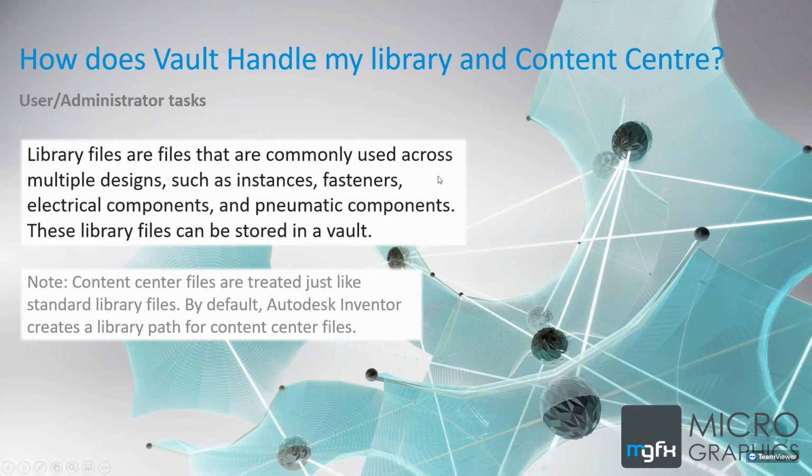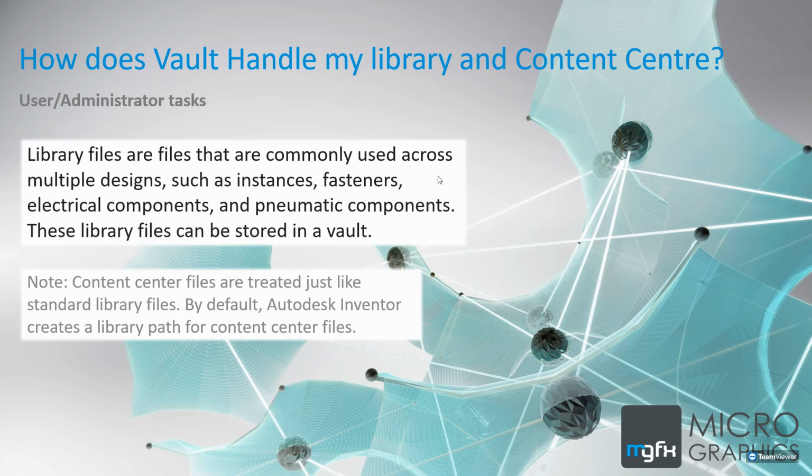Right? We want to define how Vault handles my library and contents of the file. So just a definition, what are library files? They are files that are commonly used across multiple designs, such as fasteners, electrical components, pneumatic components, etc.